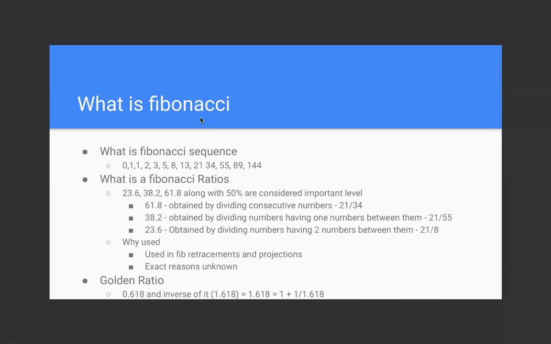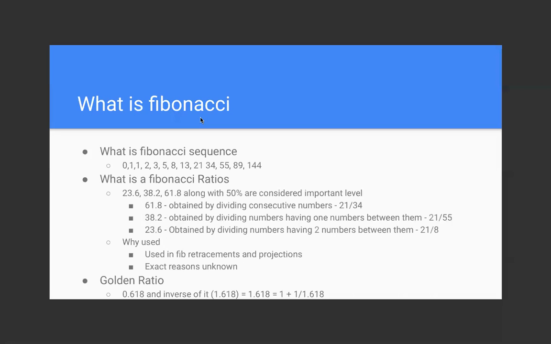Also, for people who believe in astrology, the golden ratio is a very important thing. And if you have been following beehives, usually the ratio of female bees to male bees will be 1.618.